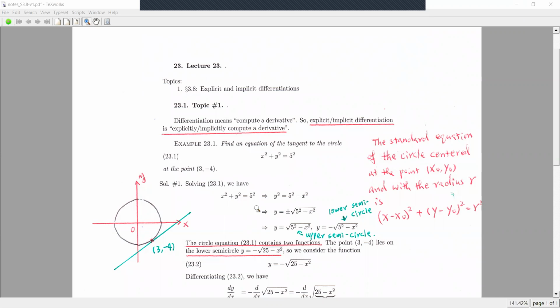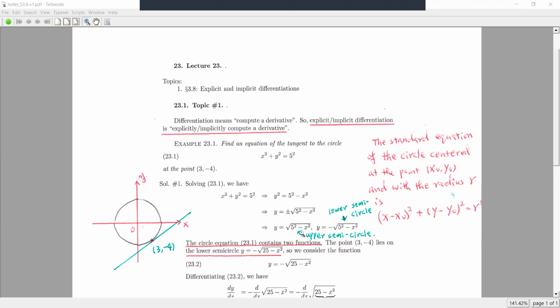Move x squared to the right side, then we have this equation. Take the square root on both sides, then we have this equation. When we take the square root, don't forget the plus and the minus sign in the front. So we have two functions. That is, the circle equation contains two functions.